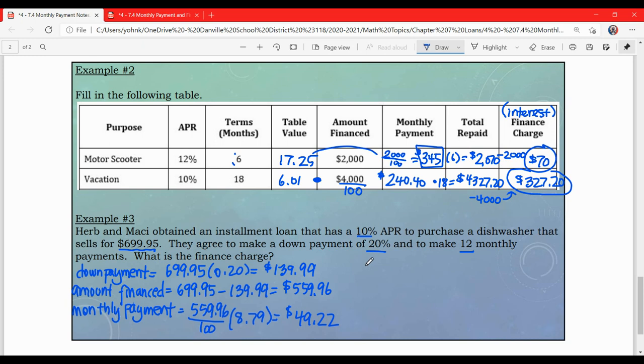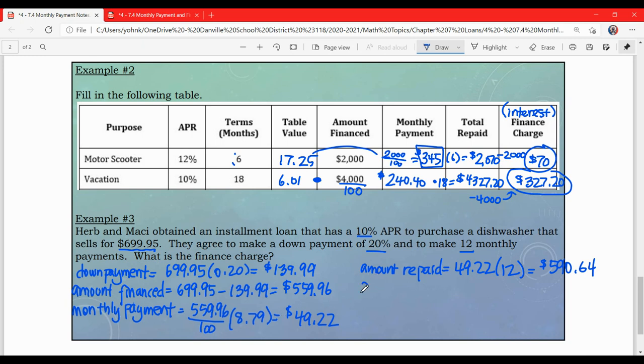So to find the total amount repaid, I'm going to take the monthly payment, $49.22, and multiply it by how many payments there are, which are 12. So that's going to give me a total amount repaid of $590.64.